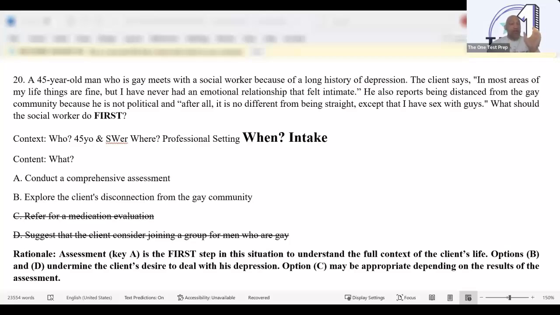The when is the intake or assessment stage, and I stopped. I didn't want to drive that home, because during the intake we complete assessments. And let's be clear, you can do an official assessment; different agencies do it different ways.